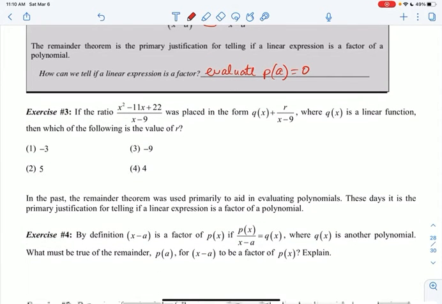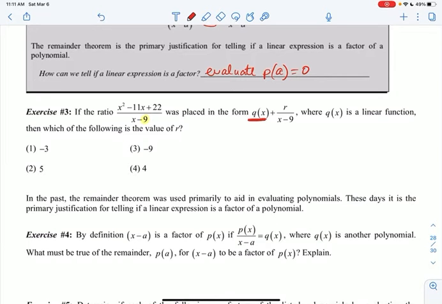If the ratio x squared minus 11x plus 22 over x minus 9, so a ratio is just a comparison of two numbers, it's just division, was placed in the form q of x plus r over x minus 9, where q of x is a linear function, then which of the following is the value of r? So normally, you would have had to divide this and see what the remainder is, but I don't need to do that anymore because I can just evaluate 9.